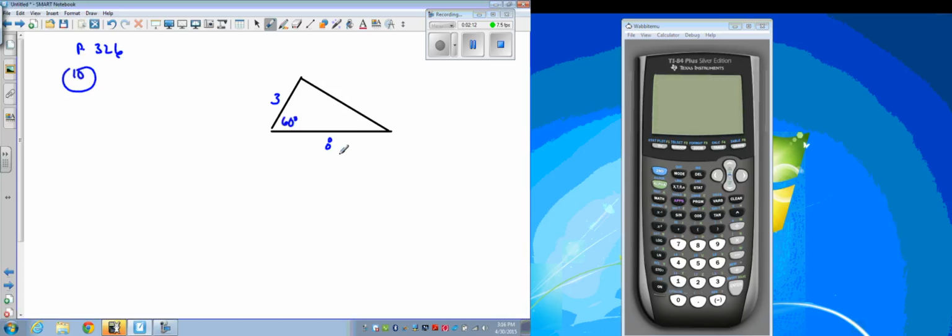If I just go A, B, C, then this side is B, this is A, and that is C. This is the way you will see them on the test. I won't draw them out like that.